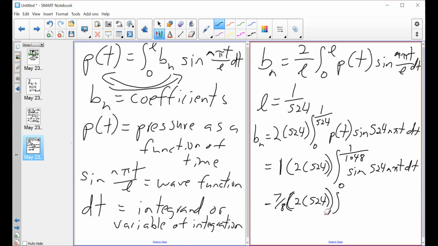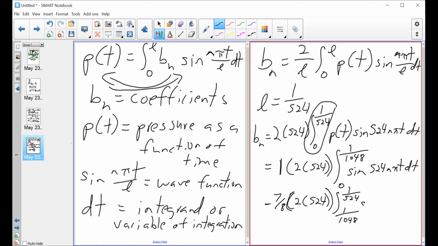And that will be an integral from 1 over 1048 to 1 5/24. So we have completed the journey from 0, 1 over 1048, 1 over 1048 to 1 over 5/24 for the entire length. This is the big picture. These are the pieces.